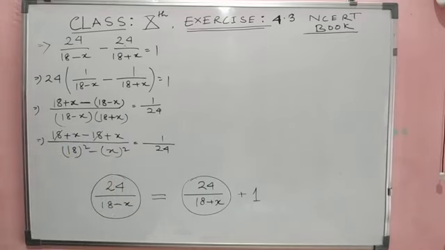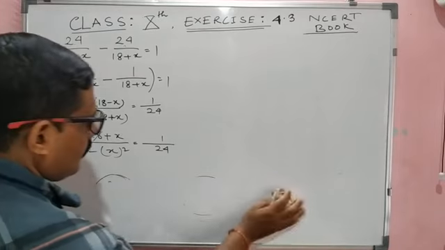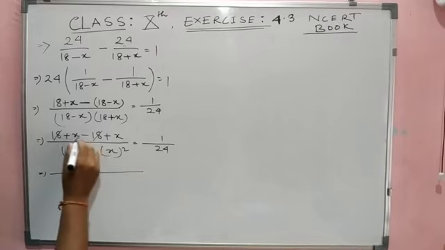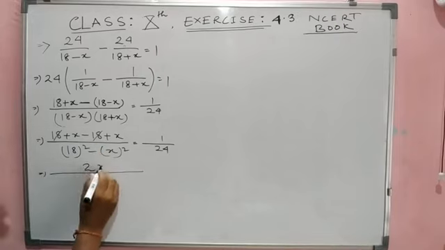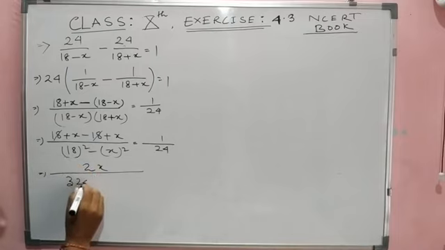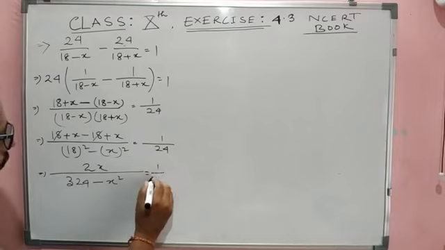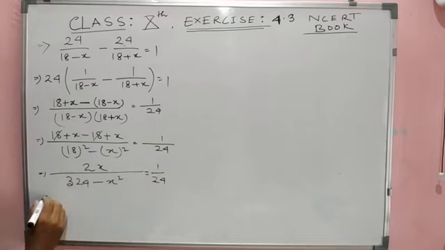Now you can write this as x plus x, 2x, over 324, 18 square is 324, minus x square, equal to 1 by 24. Now let us do the cross multiplication.